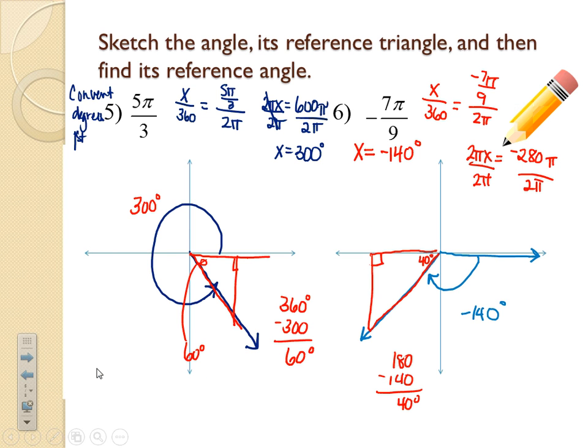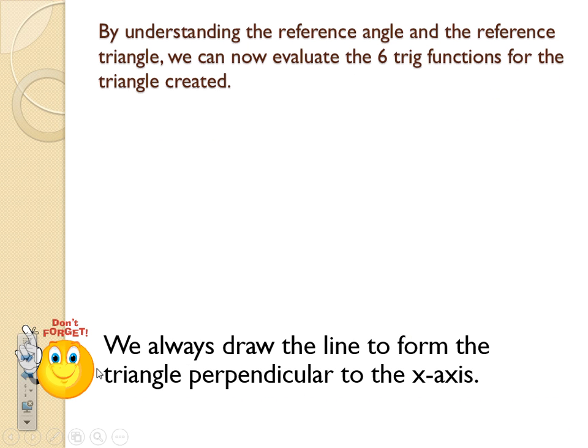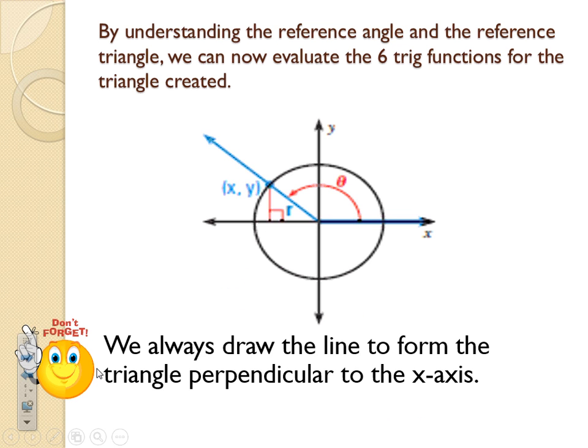Okay, so that is the end of that, but we have a little bit more left to go here. Now that we understand the reference angle and the reference triangle, we can now evaluate the 6 trig functions for a triangle being created. So we're always going to draw the perpendicular from the x-axis.